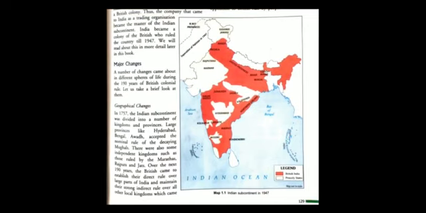During 1757, the Indian subcontinent was divided into a number of kingdoms and provinces. Large provinces like Hyderabad and Awadh accepted British supremacy. There were also some independent kingdoms, ruled by the Marathas, Rajputs, and the Jats.